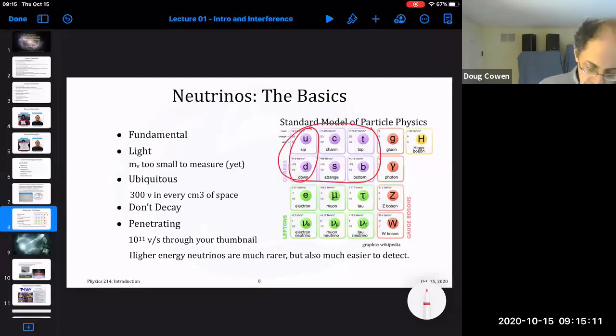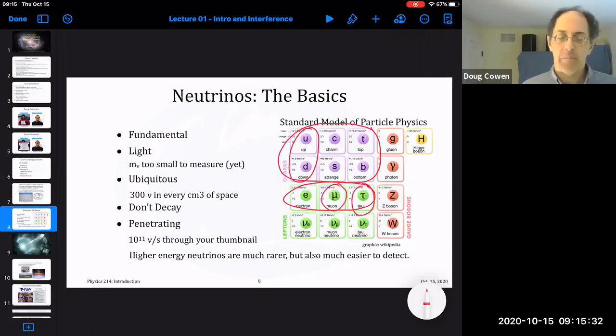And then 3 of which are called leptons, charged leptons. The one that's certainly familiar to you is the electron. It's basically responsible for most of chemistry. There's also a particle called a muon and a tau, which are also charged, and they're basically heavier cousins of the electron. Muons are fairly common.